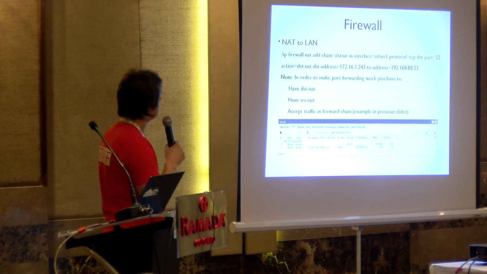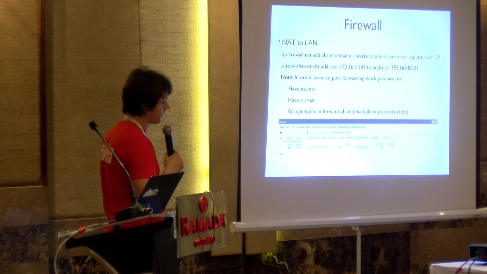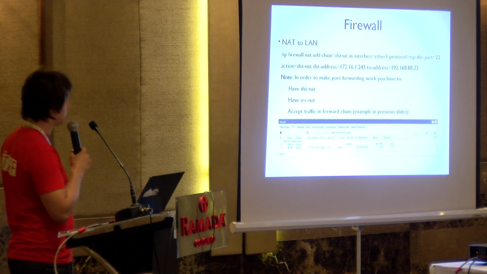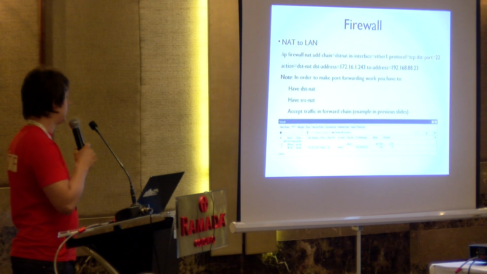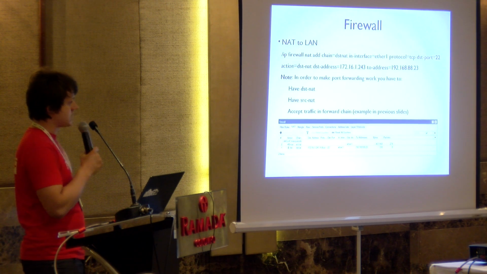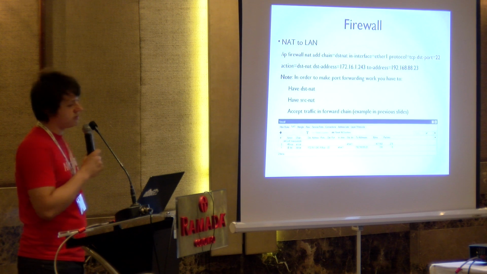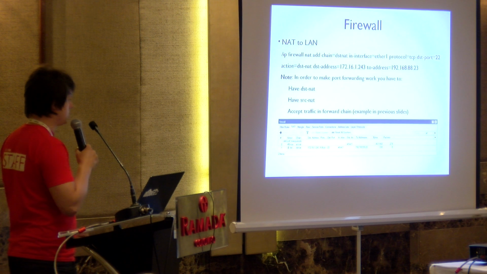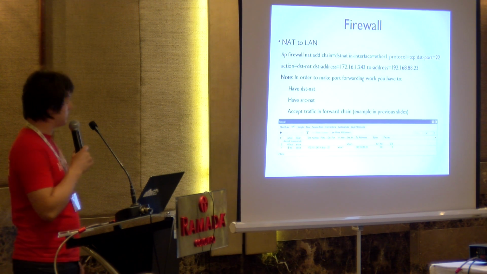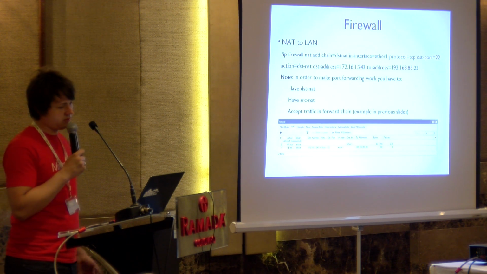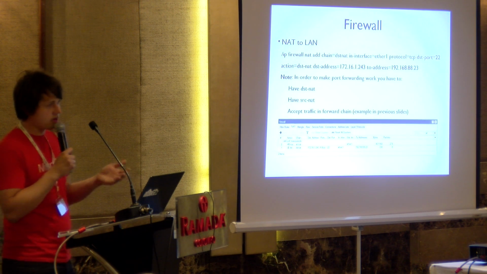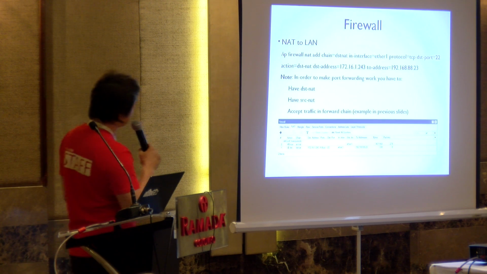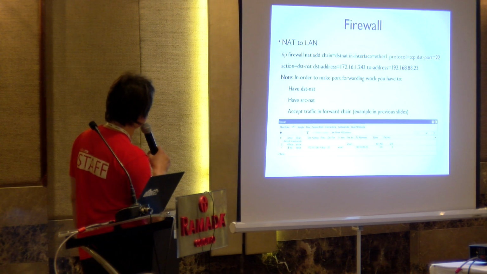In cases if you want to forward the traffic from the public side to your local area network, for example, if you have some server on your local area network, but you have only one public IP address which is on the router, you can do, for example, port forwarding. And to do so, you would need to use 2 firewall rules.